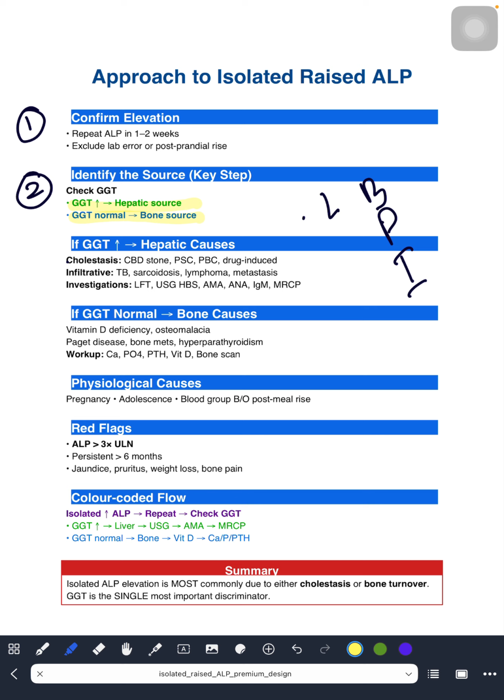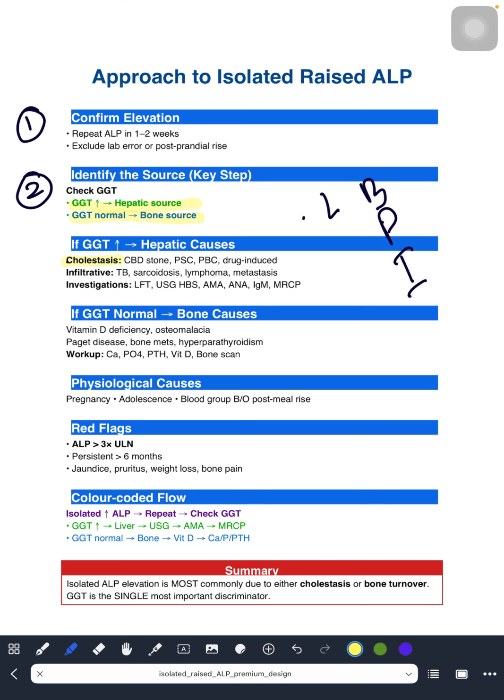If a hepatic source is identified, that means raised gamma glutamyl transferase, then it may be due to cholestasis. Cholestasis is of two types, extrahepatic or intrahepatic. Gallstone, common bile duct stricture or pancreatic mass can cause extrahepatic cholestasis.